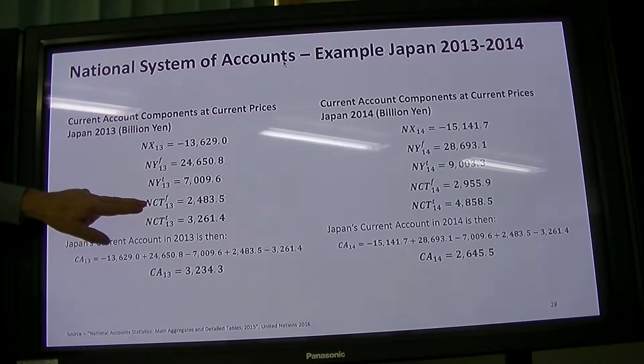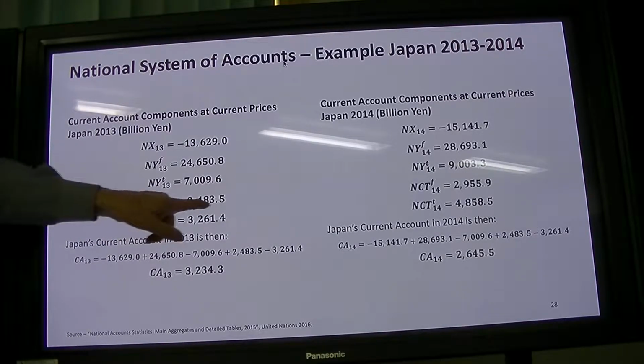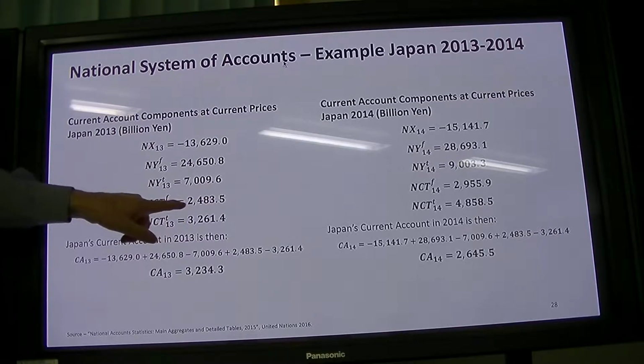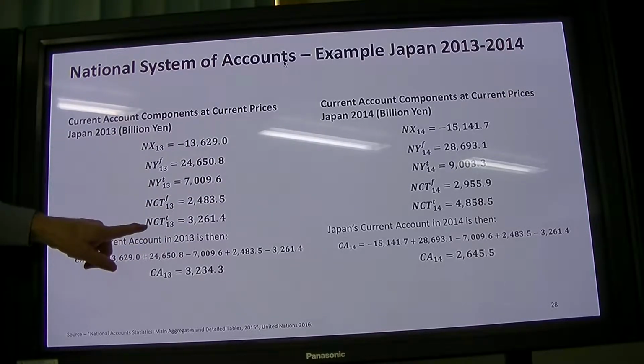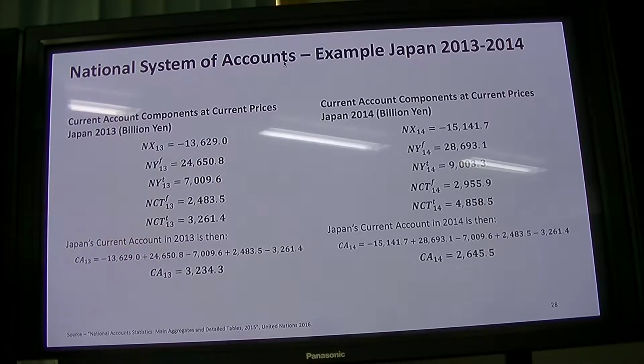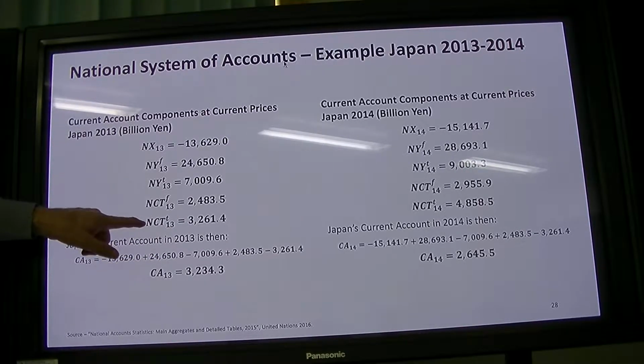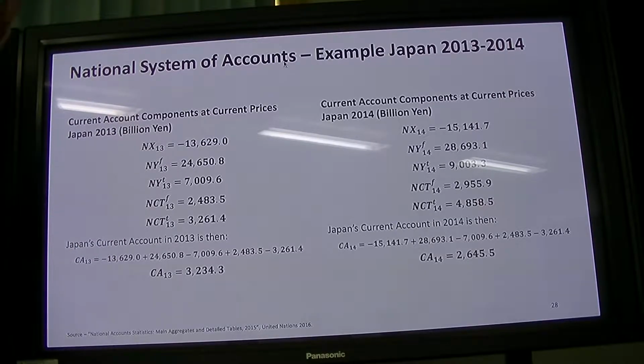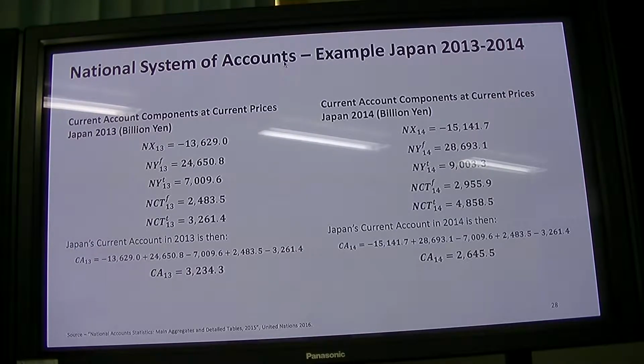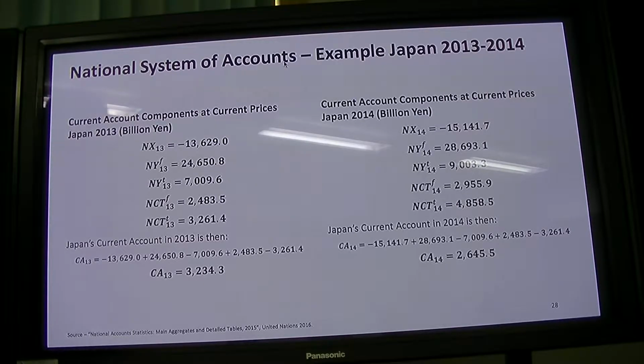Then net capital flows. The current transfers from the rest of the world were 2.5 trillion yen, and to the rest of the world were 3.2 trillion yen. So this suggests some capital transfers, some investment, is still being made internationally.